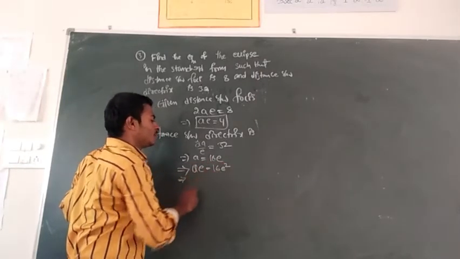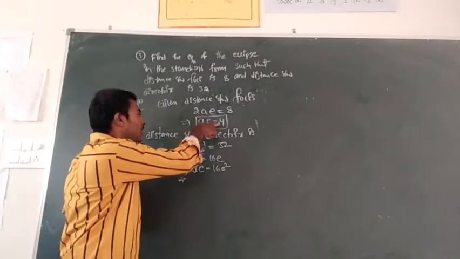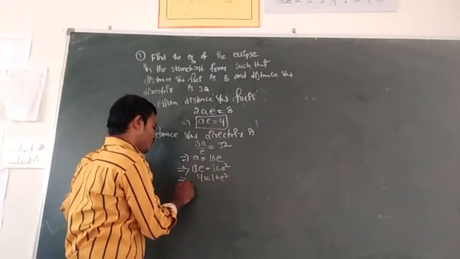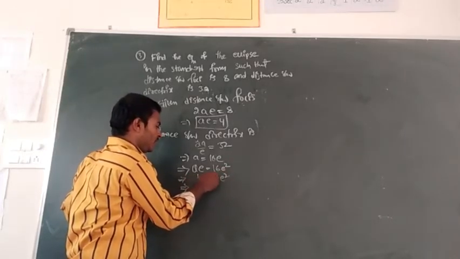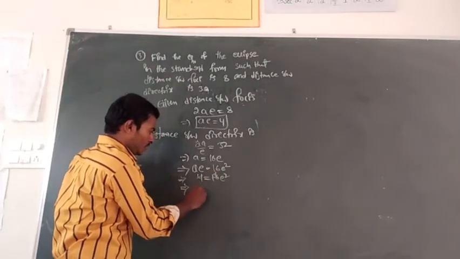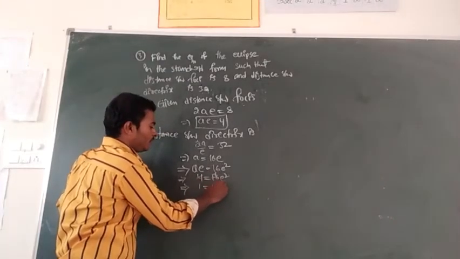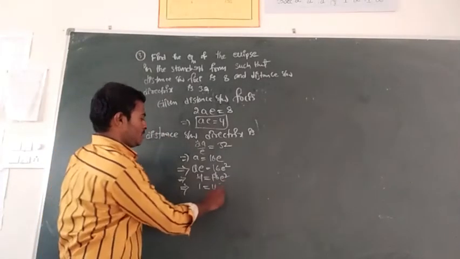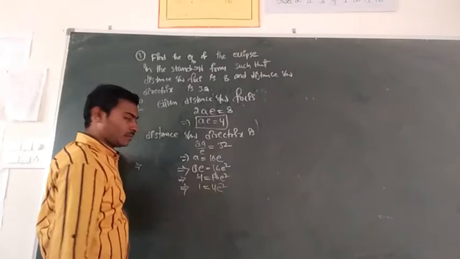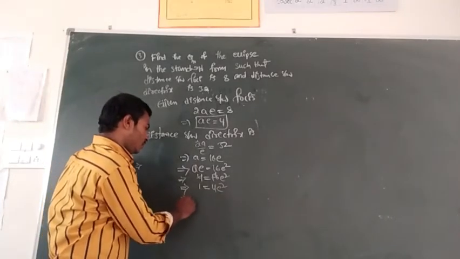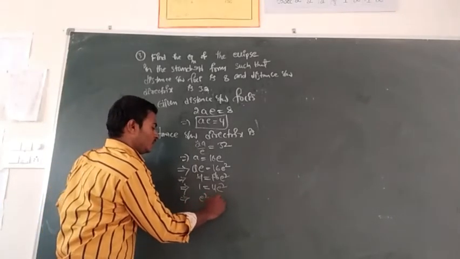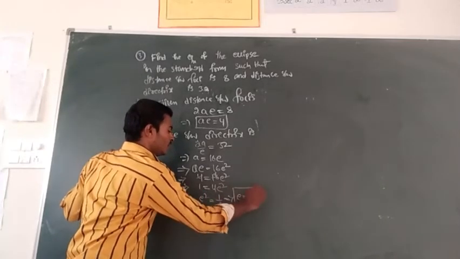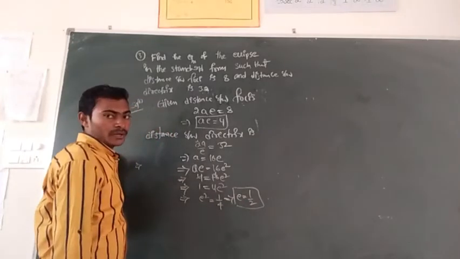We know that ae is 4, so 4 equal to 16 into e square, so e square equal to 1 by 4 and e equal to 1 by 2.